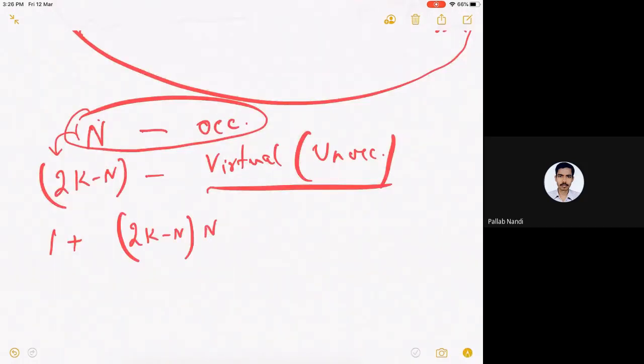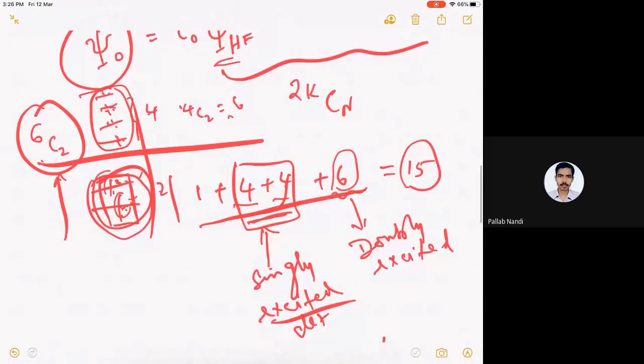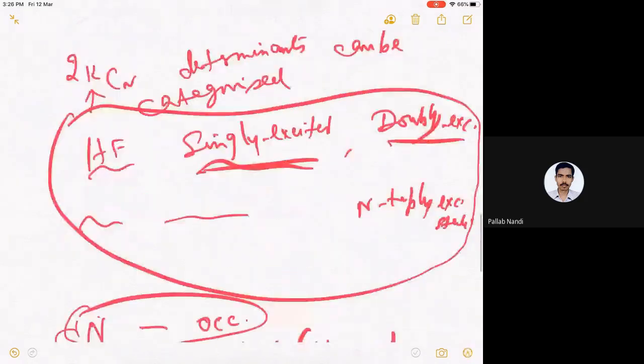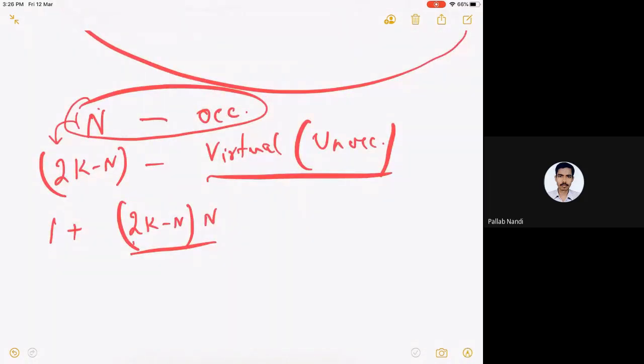Is it clear? Again, coming back to the example, your 2k was 6, n was 2, 2k minus n was 4 virtual orbitals. So the number of singly excited was 2 times 4, 8. So I'm doing exactly the same thing: 2k minus n times n. Is it clear?